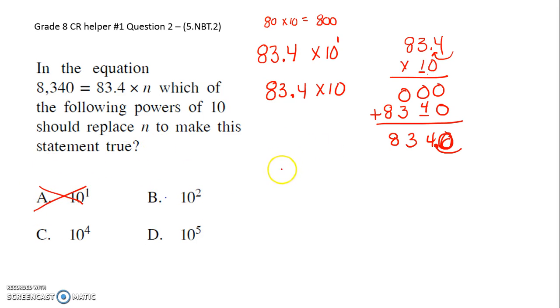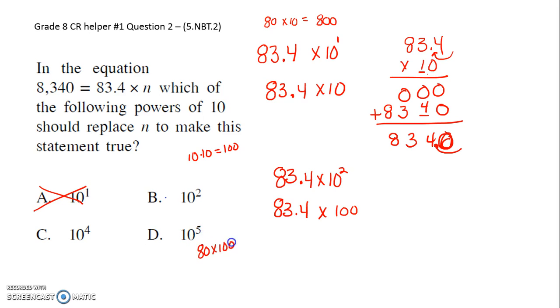Well, let's try B. Let's try 83.4 times 10 to the second power. Well, that's 83.4 times 10 to the second means 10 times 10, which would be 100. So 83.4 times 100. Well, if I want to estimate, that would be about 80 times 100.